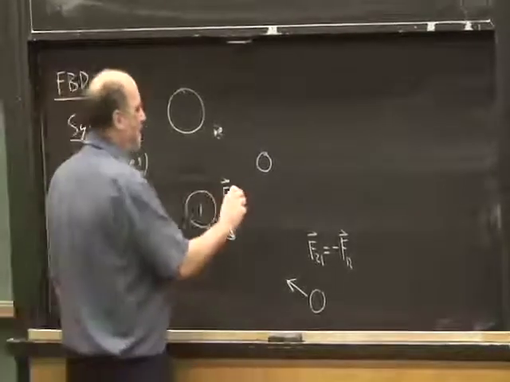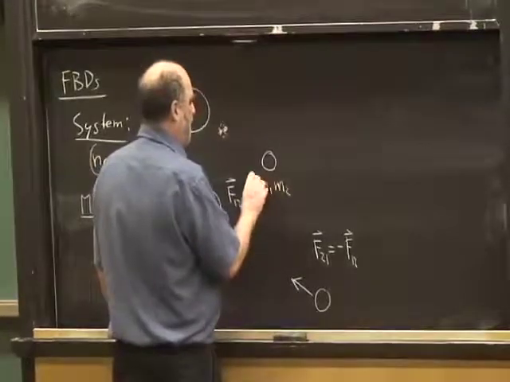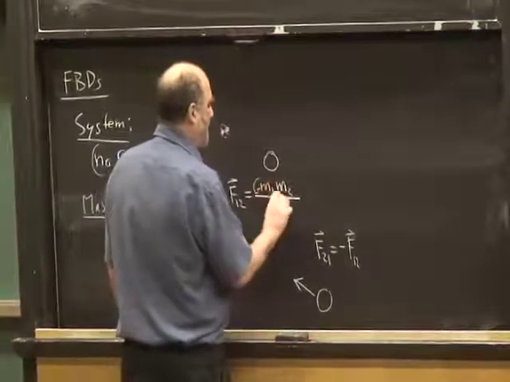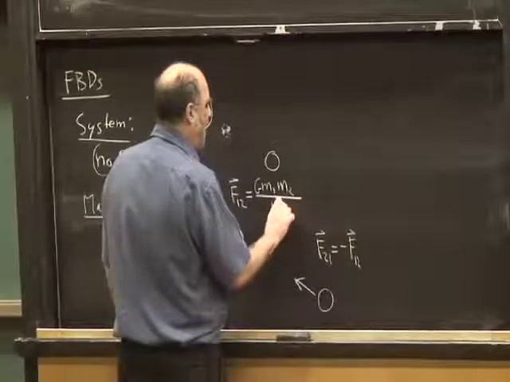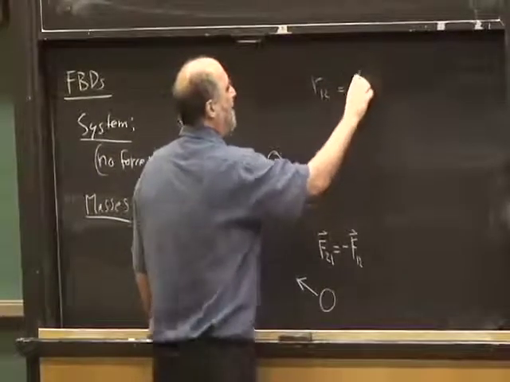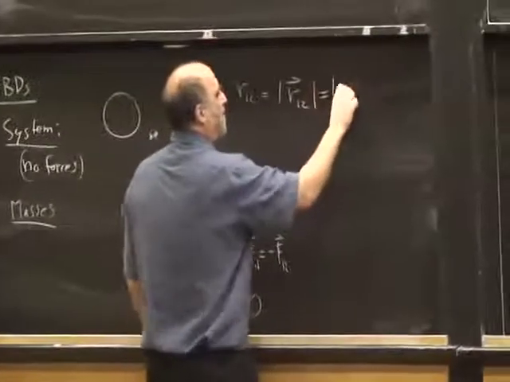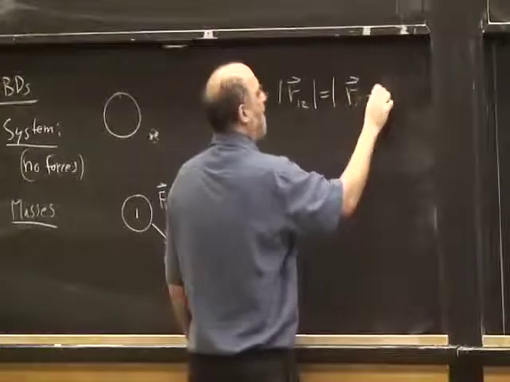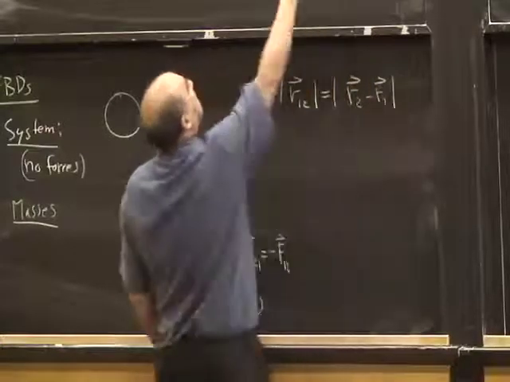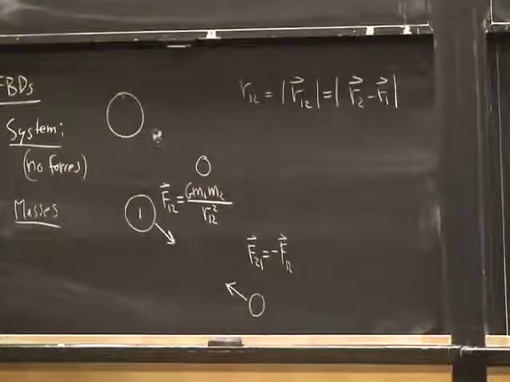So what is that force? It's proportional to the two masses. It's proportional to this big G. It's proportional to 1 over R12 squared. And what is R12? It's the magnitude of R12, which is equal to the magnitude of R2 minus R1. And that's that vector which connects from vector 1 to vector 2.